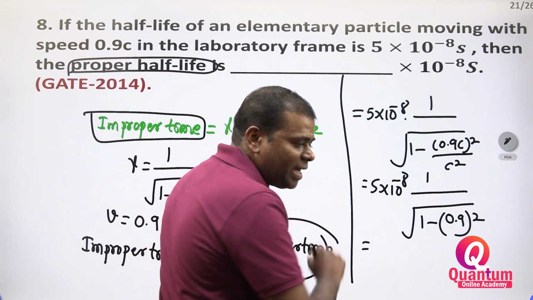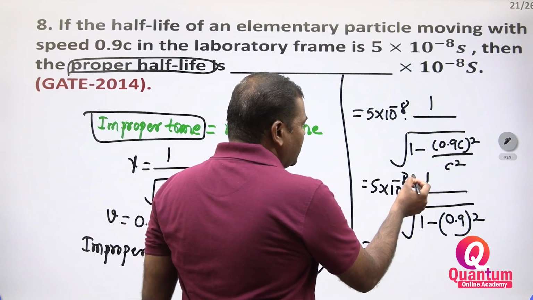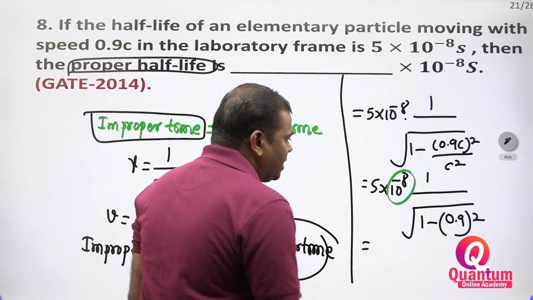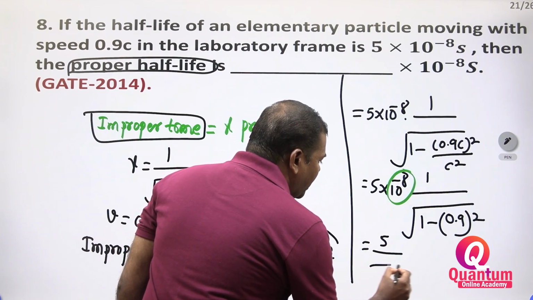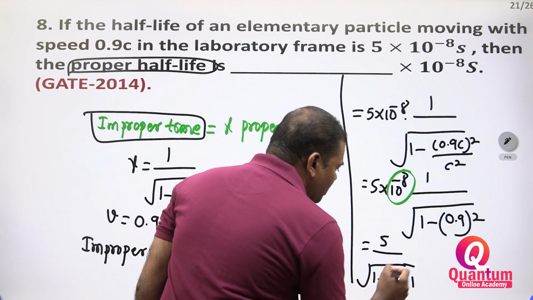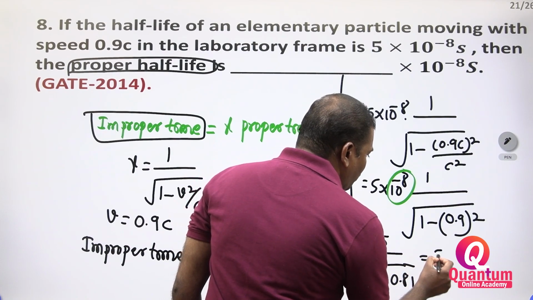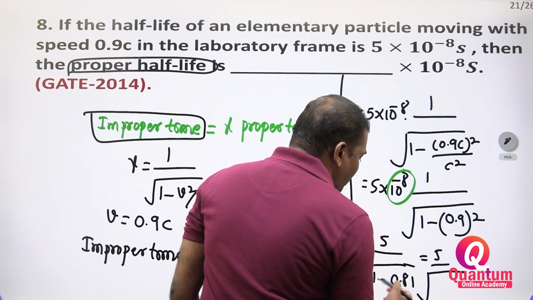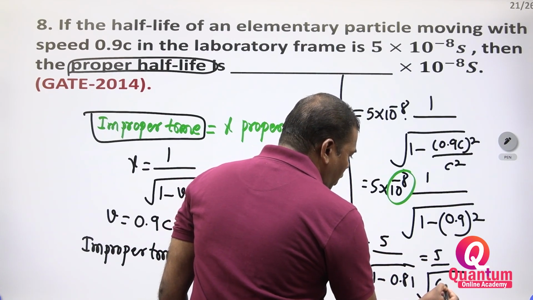Therefore, you have to calculate this value. This 10 to the power of minus 8 already is there. 5 is divided by square root of 1 minus 0.81.